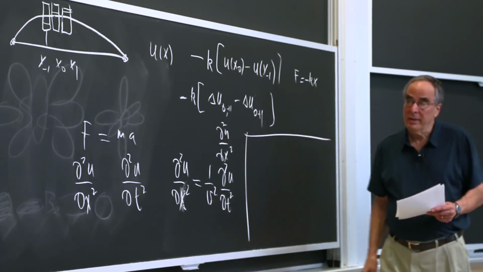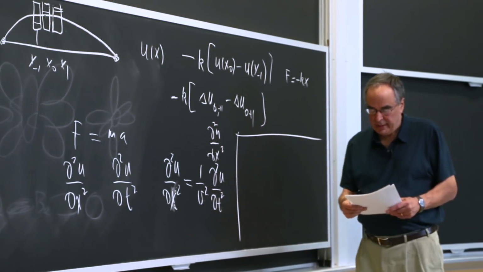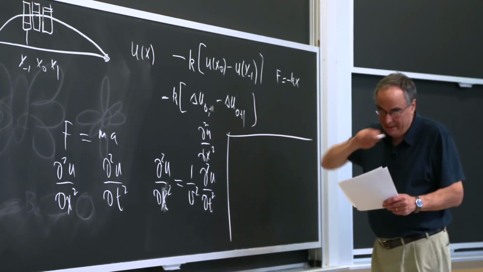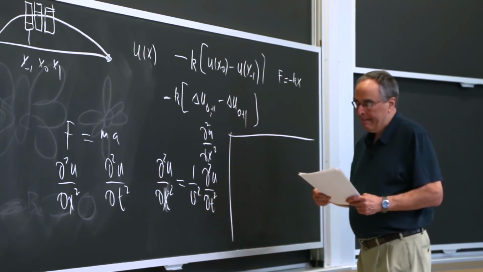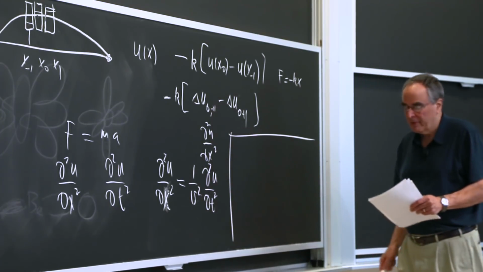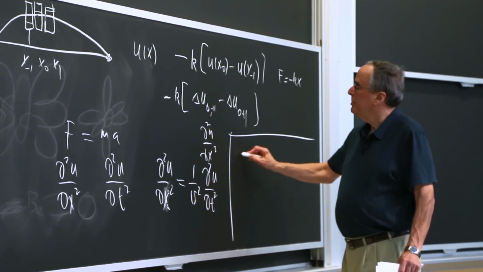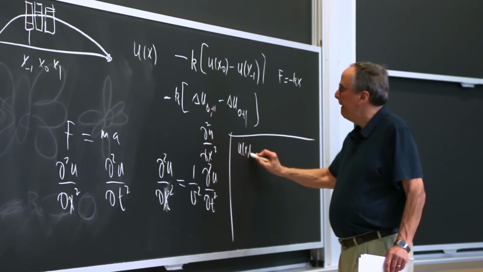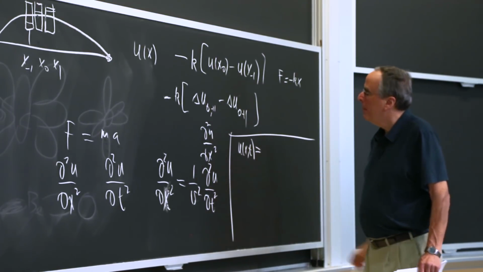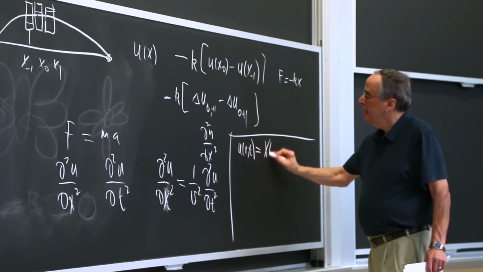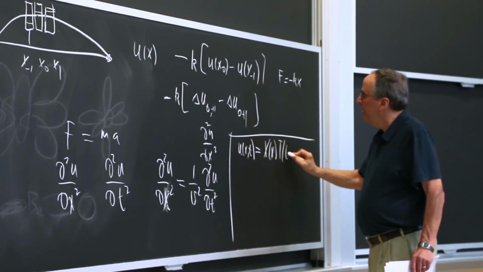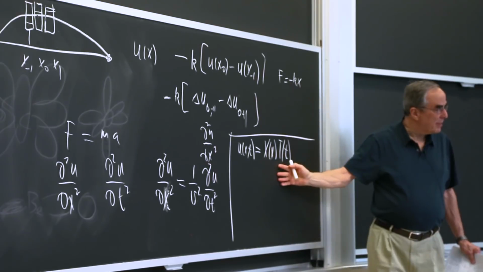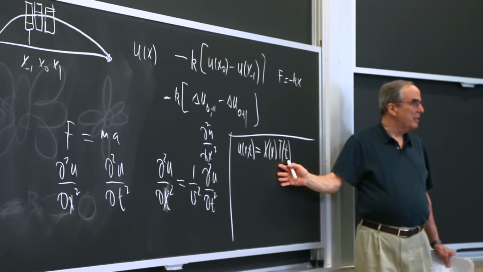Okay, well, the original differential equation that I wrote, I'm getting ahead of myself. Okay, so this u of x and t, we'd like it to be X of x times T of t. We think we could separate the variables in this way.